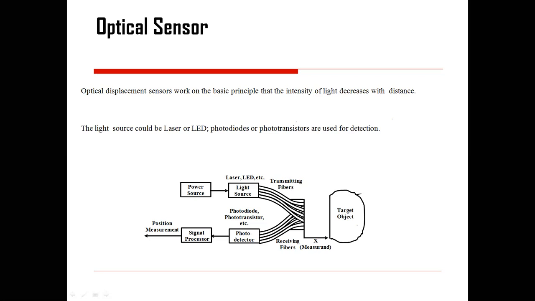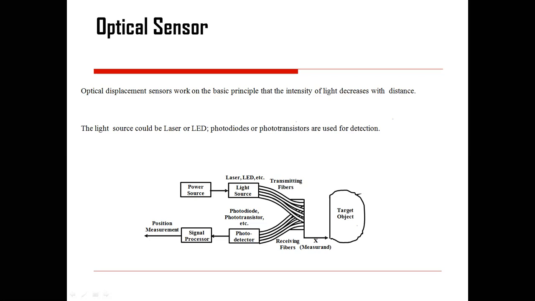So by processing it. So the optical displacement sensor works on the basic principle that the intensity of light decreases with increasing distance, or increases with reducing distance. The light source could be a laser light, or it may be an LED, or a photodiode, or phototransistor.